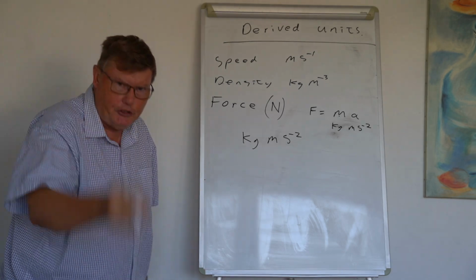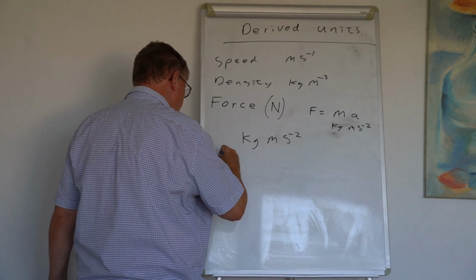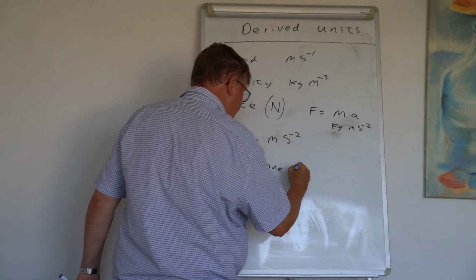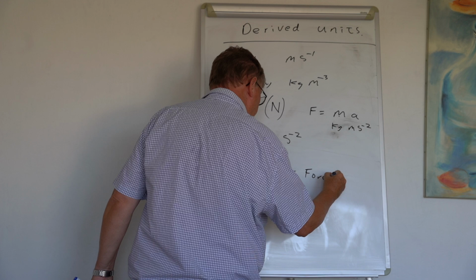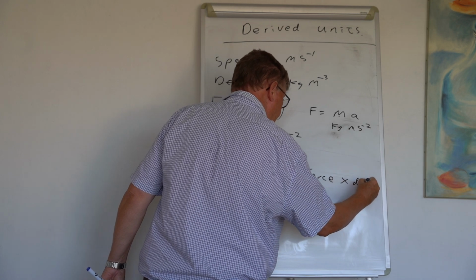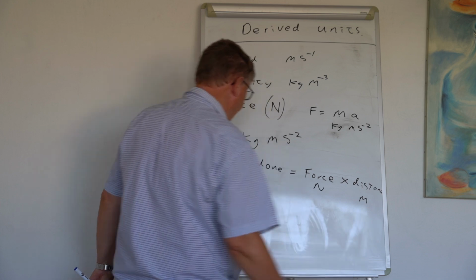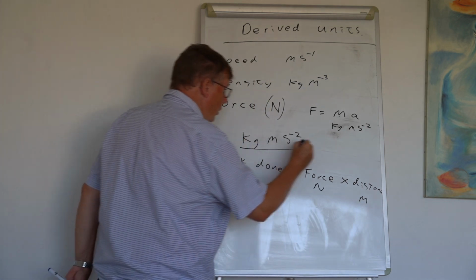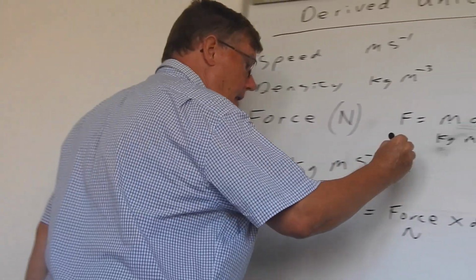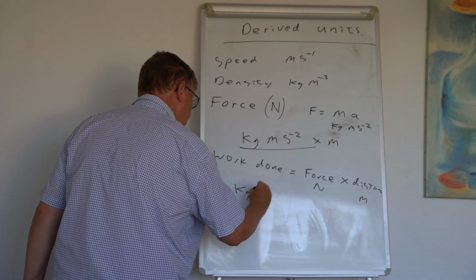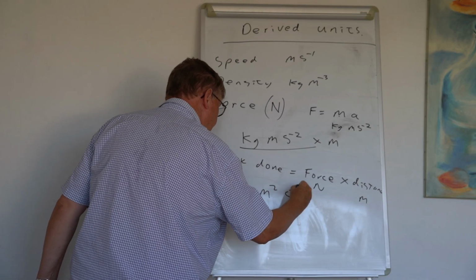Yes, you do. And you also know, we'll cover this later, that the work done when you push something is the force you push it by multiplied by the distance you push it over. The force is in newtons and the distance is in meters. So if this is force and I multiply it by distance, m, the result will be kg m squared s to the minus 2.